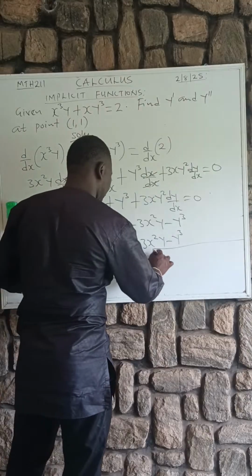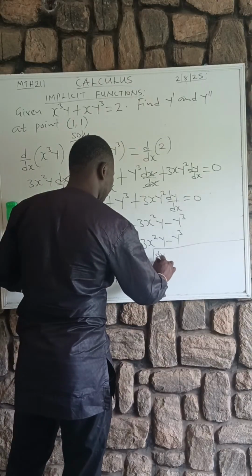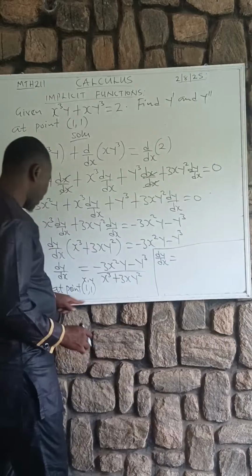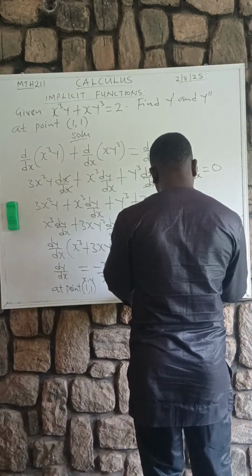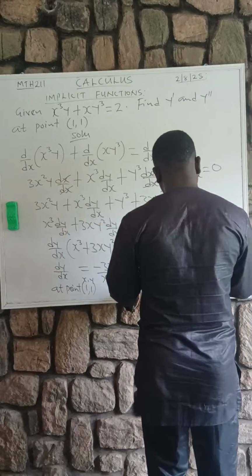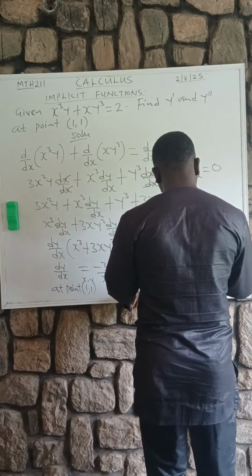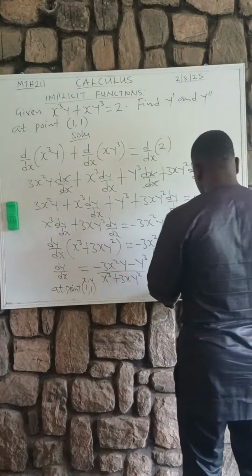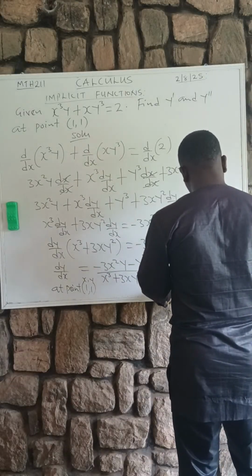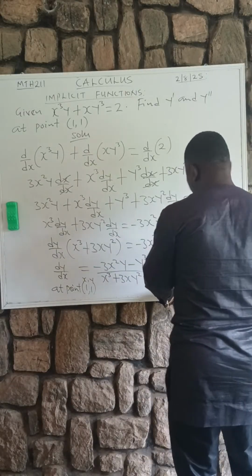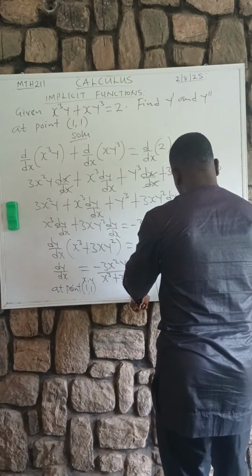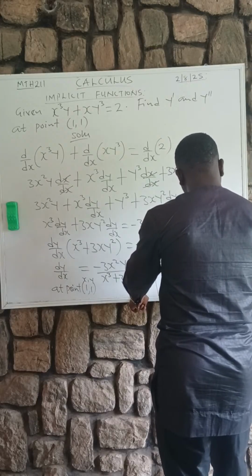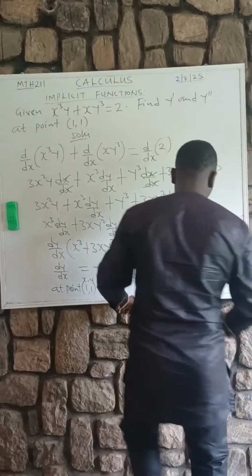So it means our gradient will now be equals to, here is minus 3, right? Minus 3 open bracket, x is 1, all in square, y is 1. Then minus y is 1, all in cube, all over, x is 1, all in cube, plus 3, open bracket, 1, y is square, true or false?